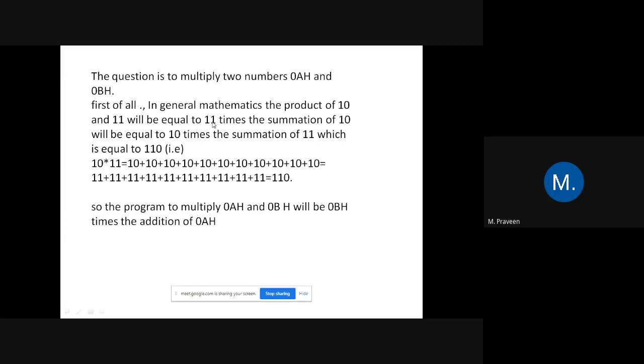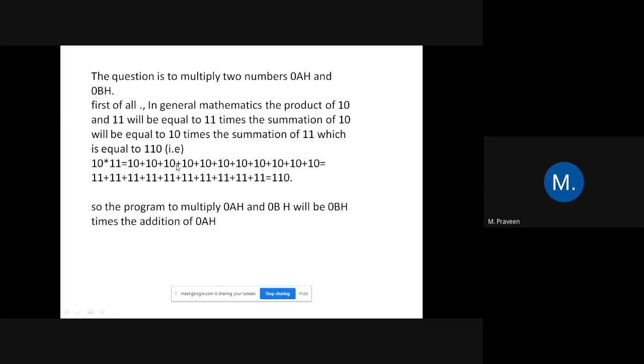If you do 11 times the summation of 10, you get 110. Counting 1, 2, 3, 4, 5, 6, 7, 8, 9, 10, 11, so 11 times we are going to sum the 10. That is one concept.